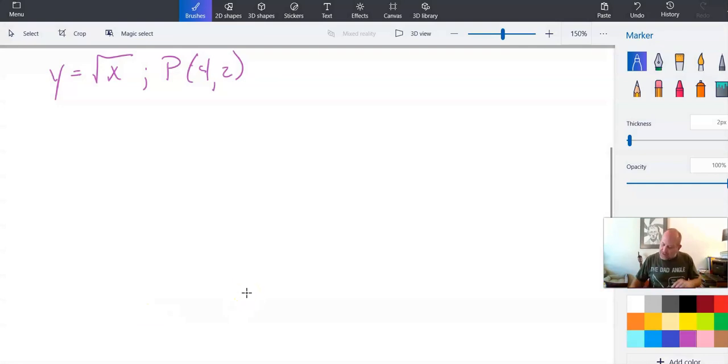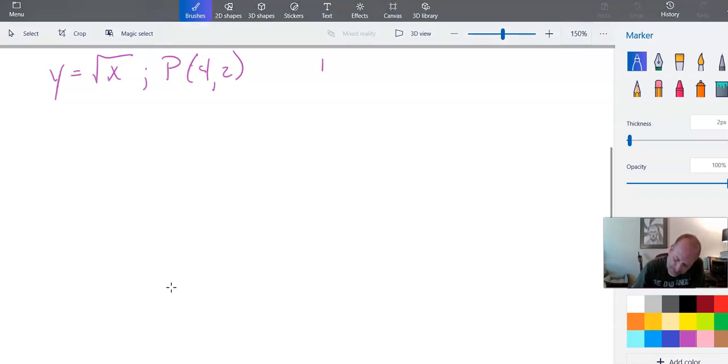Okay, so let's go ahead and take a look at this. So again, we want to use, and I don't think I actually gave this the proper name, this is called the difference quotient.